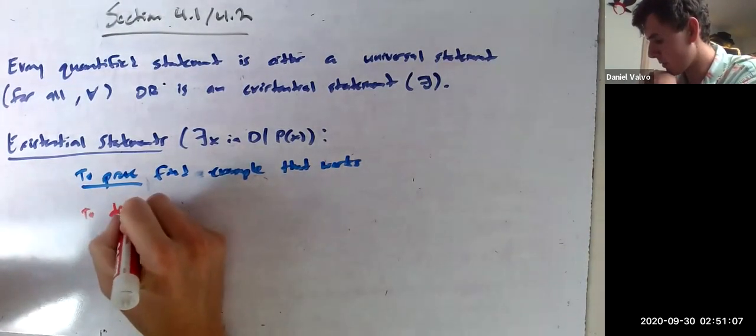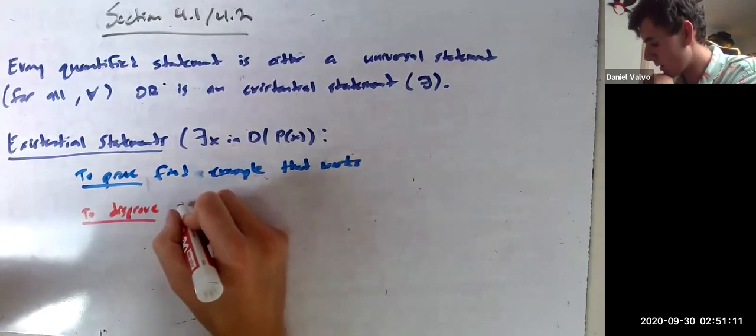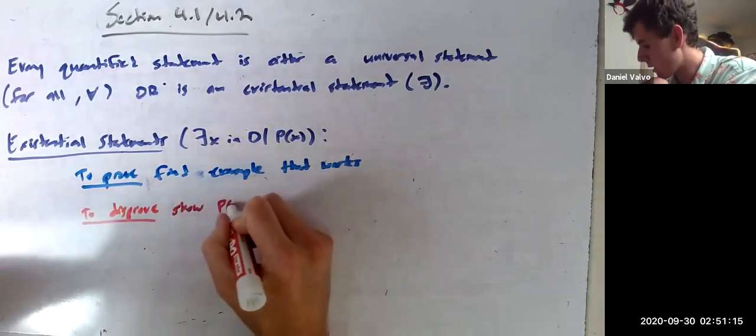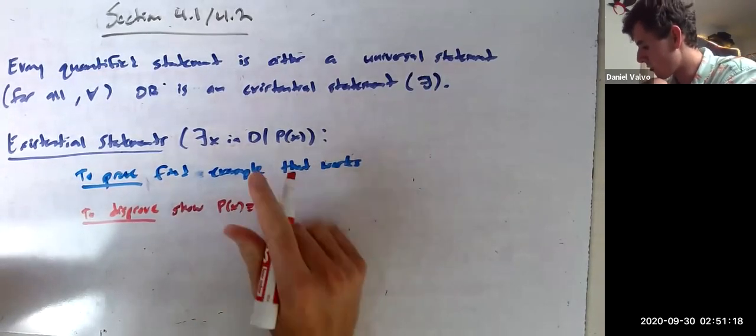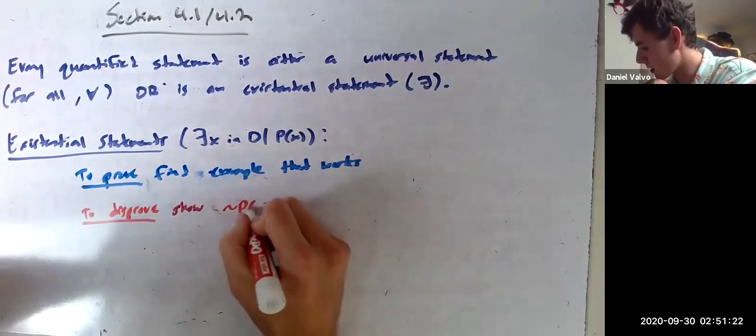To disprove, show that P of X is false, or show that not P of X is true.